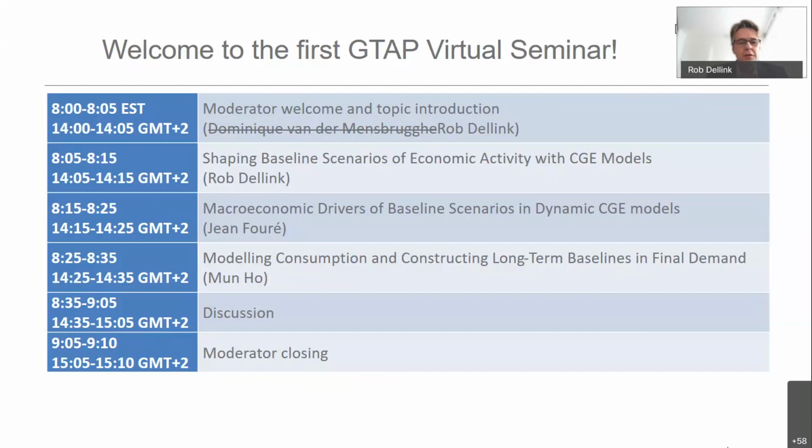Then we move on to two speakers that will dive deeper into specific items. First, Jean Fouré on the macroeconomic drivers of baseline scenarios in dynamic CGE models, and then Mun Ho on modeling consumption and constructing long-term baselines in final demand. All the speakers should limit themselves to 10 minutes so that we have half an hour of discussion at the end before we close the meeting.